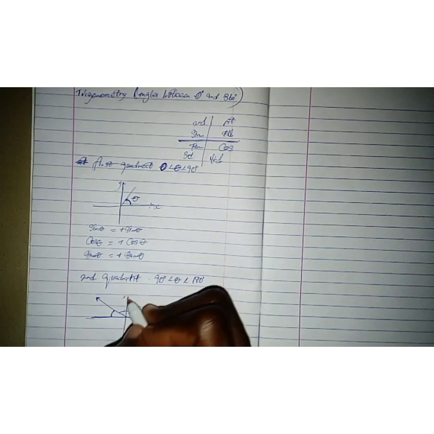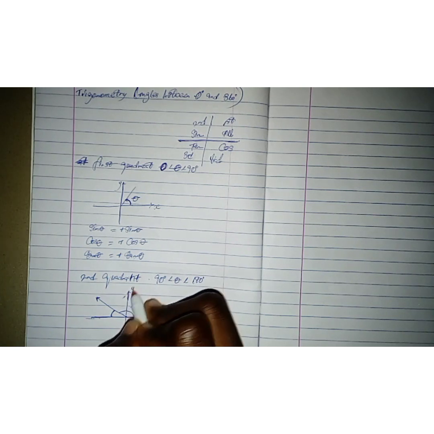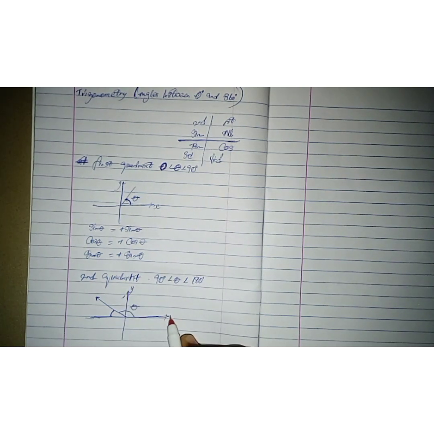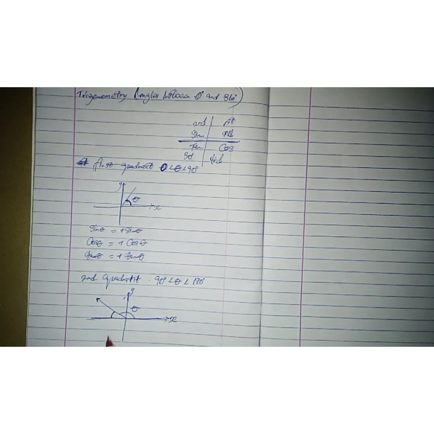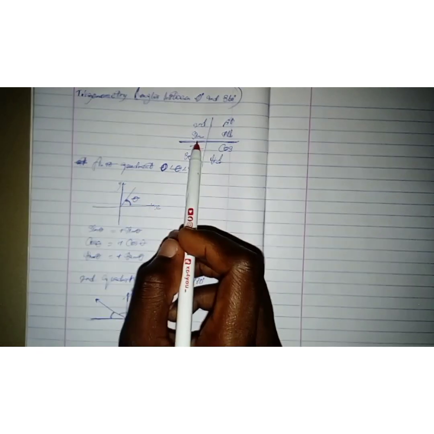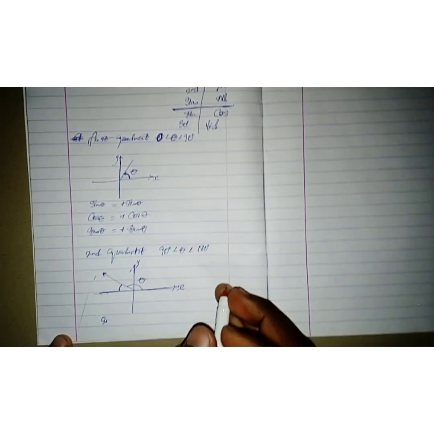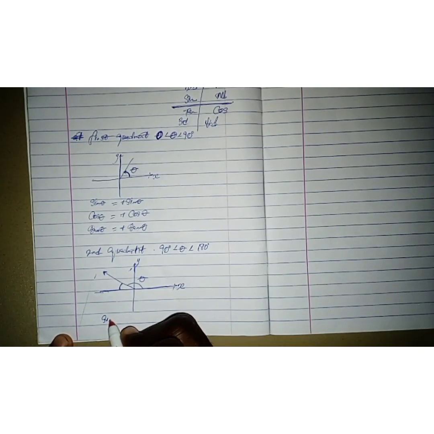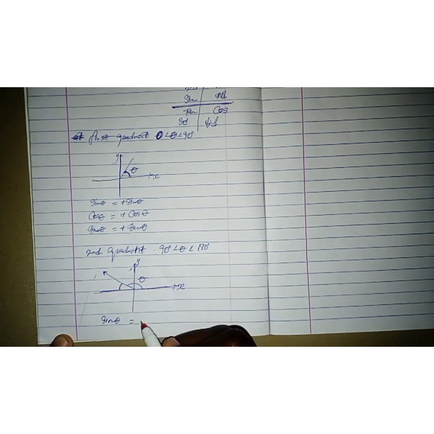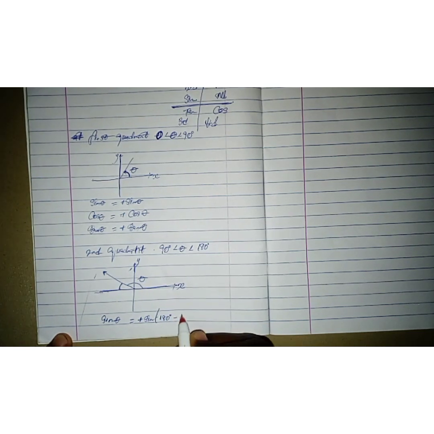So at this point, you say that at the second quadrant only sine is positive, so sine theta is equal to positive sine of 180 degrees minus theta.